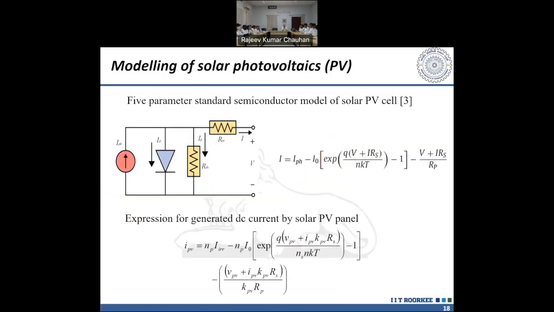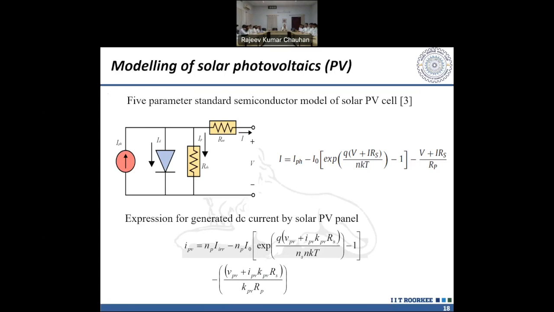So similarly, to analyze a microgrid, we require the mathematical modeling of each and every component. My first is the solar. A very famous model is used here: a current source with a single diode and two resistors, which I can use to represent a solar cell.